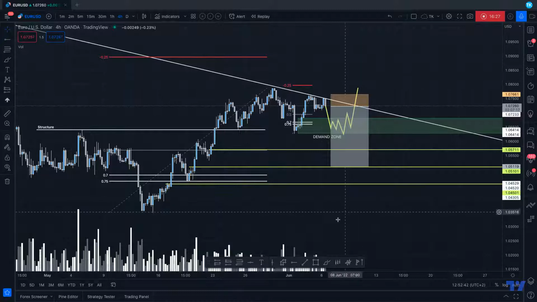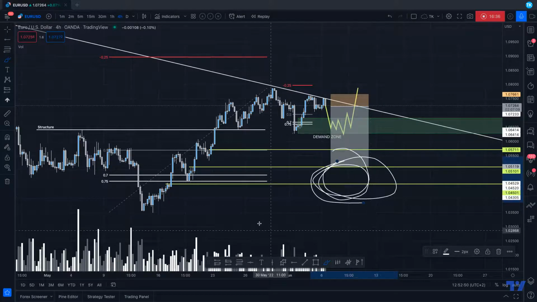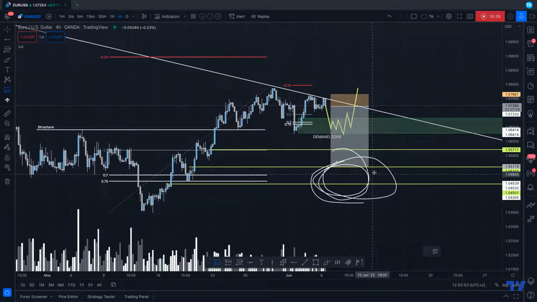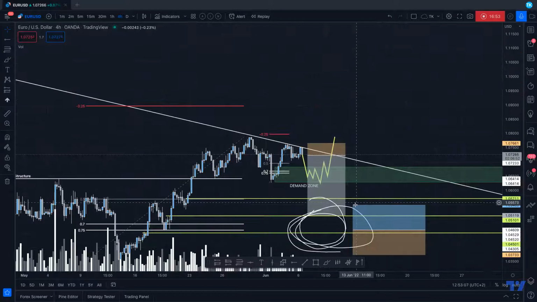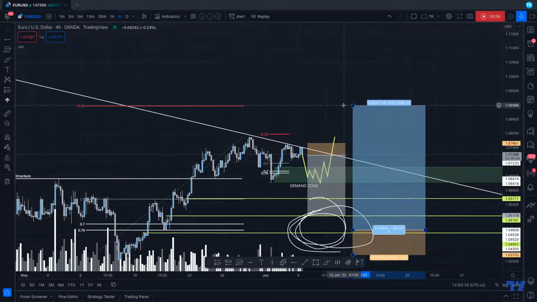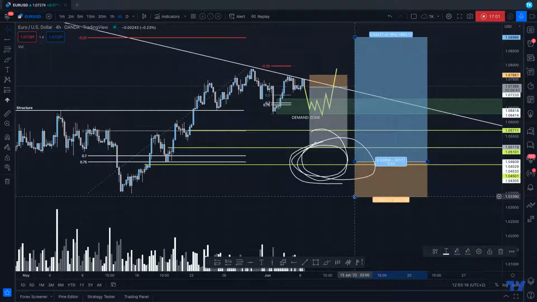I will wait for the price to reach the zone. This is my zone for a bullish trade. Here we also have a liquidity level. So this could be my trade with TP around the 25 projection of the last range, and this could be my stop loss, with a nice 3.5 risk reward, which is very good.